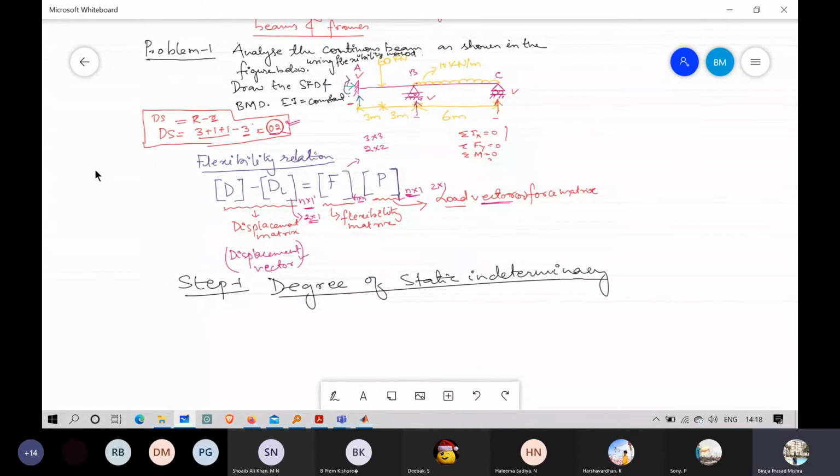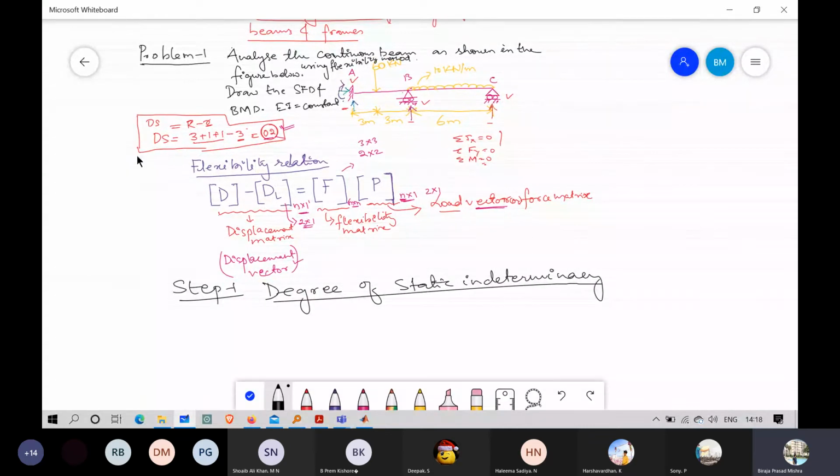As I told you, ds equals capital R minus small r, which is 3 plus 1 plus 1 minus 3, that becomes 2.